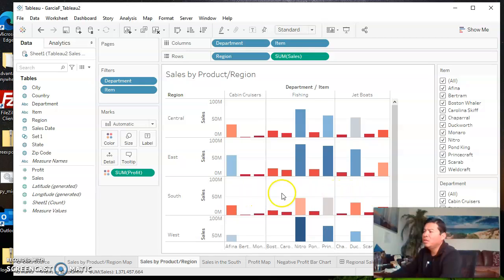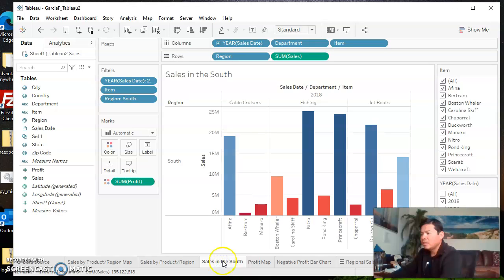See what's going on. I can clearly see that there are fewer sales. So let's see what states in the south region this activity is not happening in, and what department and what items are not selling. So let's go to the next worksheet.